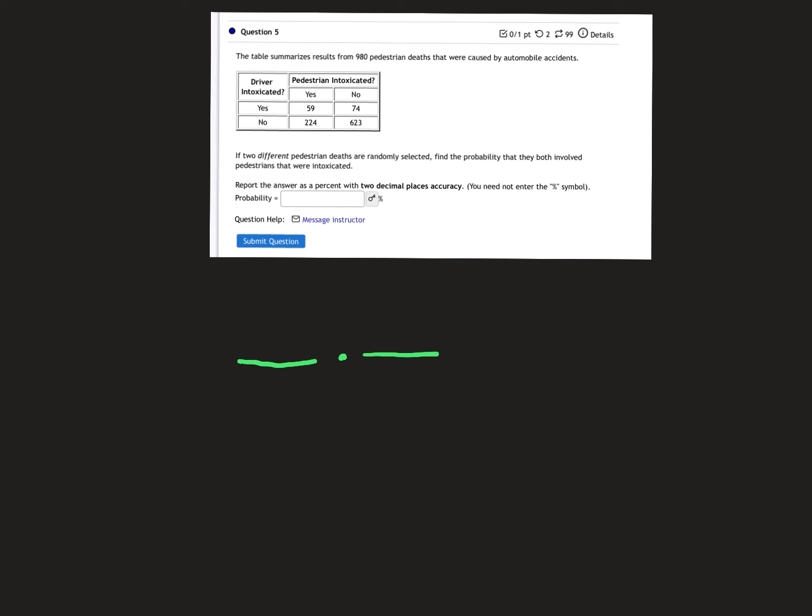So we're going to go ahead and take this out. First, we need to know the total number of deaths. So the probability of the 2 different pedestrians randomly selected, to find the probability both involved pedestrians were intoxicated. Right? So here we go. Right? The probability of a pedestrian intoxicated is this number over our total of 980.